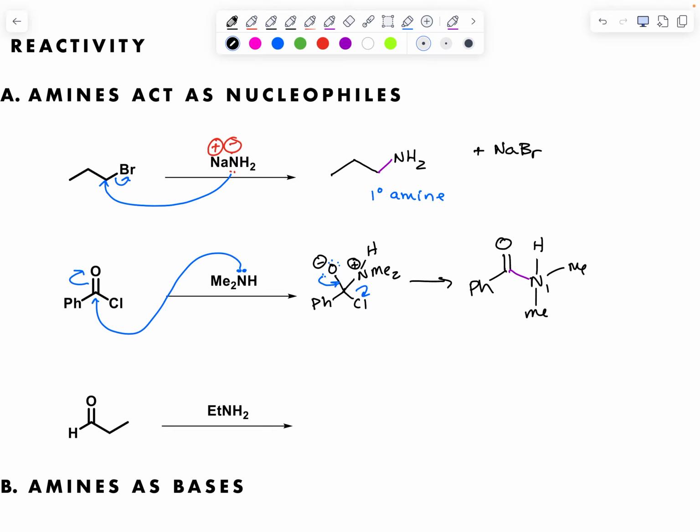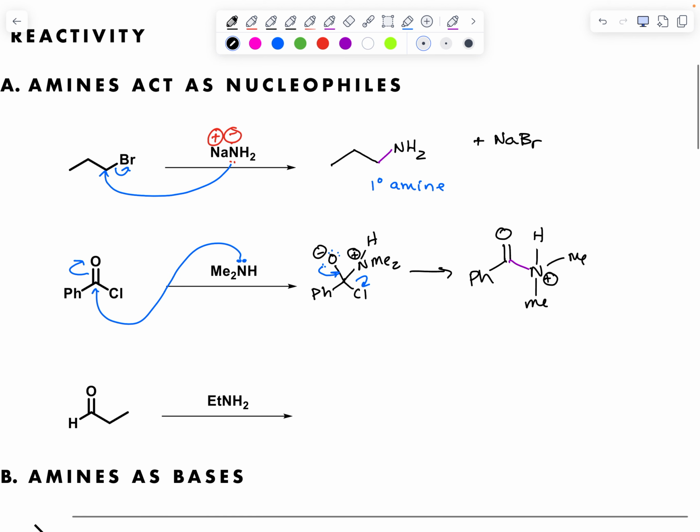So a negatively charged amine is a good strong base. The pKa of its conjugate acid is up around 38.